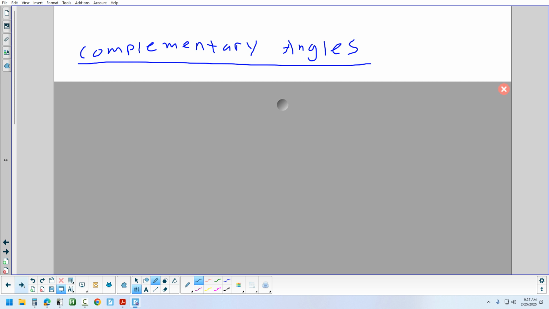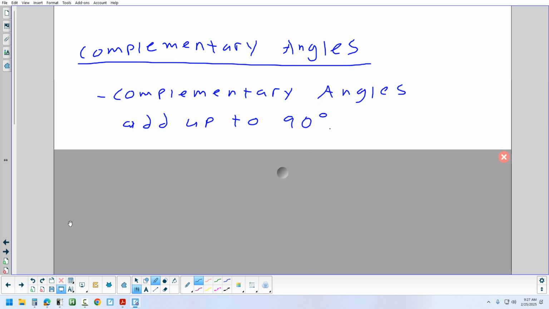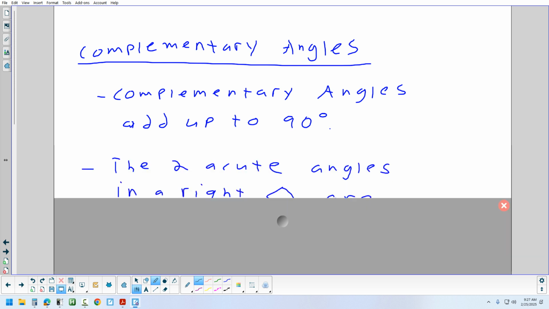To know if 2 angles are complementary, I would have to give you 2 angles, but you would have to check something about them. Yeah, if they add up to 90. So 2 angles that add up to exactly 90 are complementary.